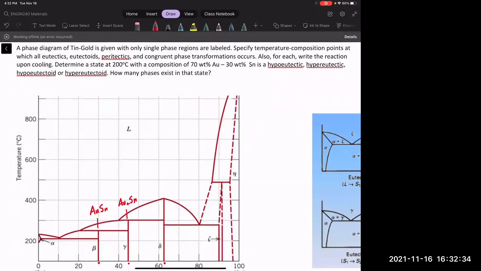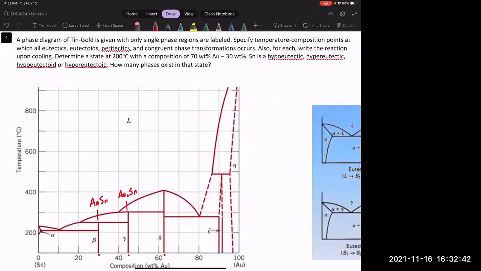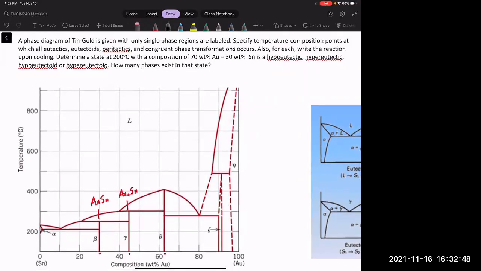Then the next thing you need to know is that there are so many solid solutions in this picture. All these alpha, beta, gamma, delta, and eta are all solid solutions. The alpha is going to be the composition with more of the tin.